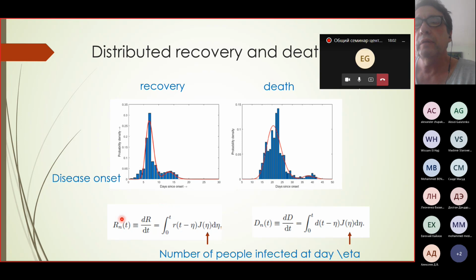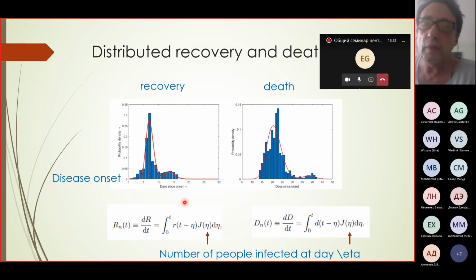And if we do that, then we can calculate the number of newly recovered people at time t. So this is this integral. J of eta is the number of new infections at time eta. Then we take the time difference between t and eta. This r is exactly this distribution. We suppose that we know it.